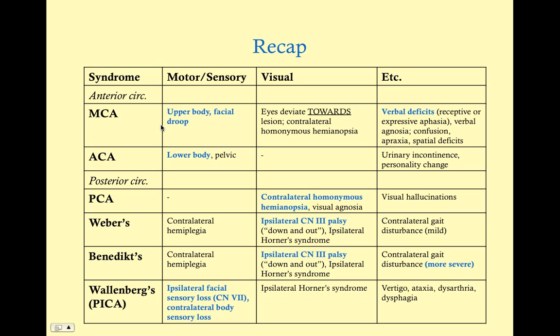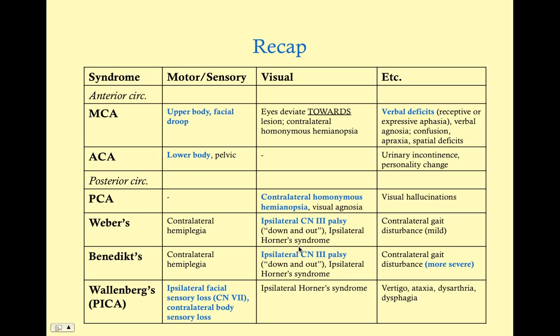And then this is just a recap. I put the ones here in bold and blue, the ones that really are more of the giveaway. So the MCA stroke, the upper body and facial droop, verbal deficits. With the ACA, it's lower body. Posterior cerebral artery stroke, you get the contralateral homonymous hemianopsia, also visual hallucinations, and you don't have any motor or sensory effects.